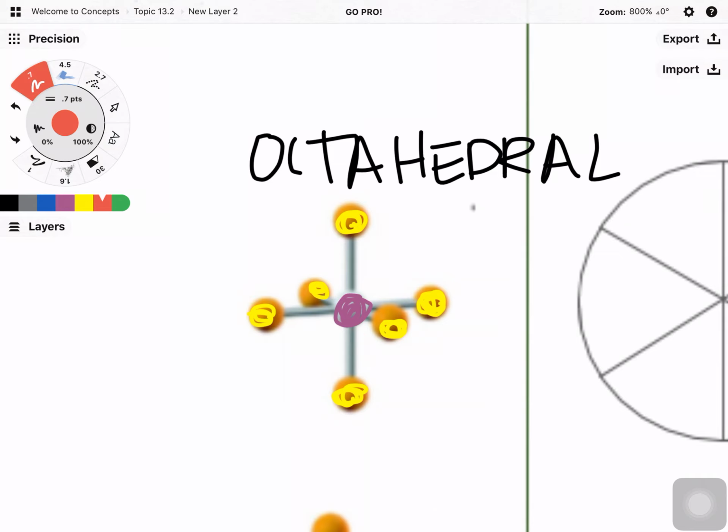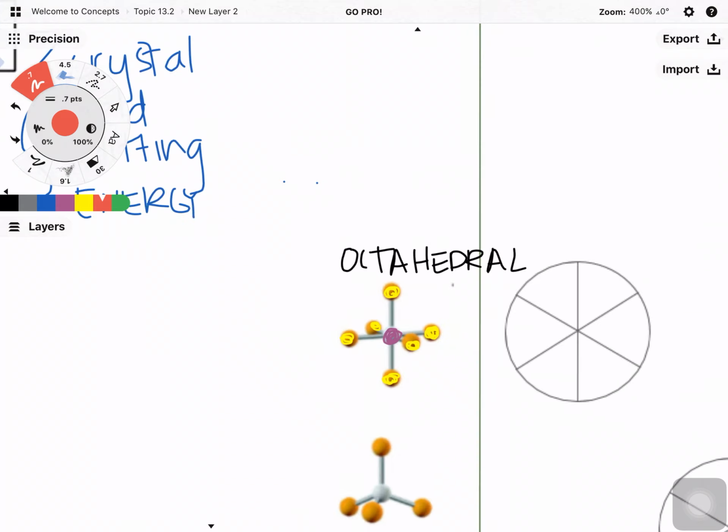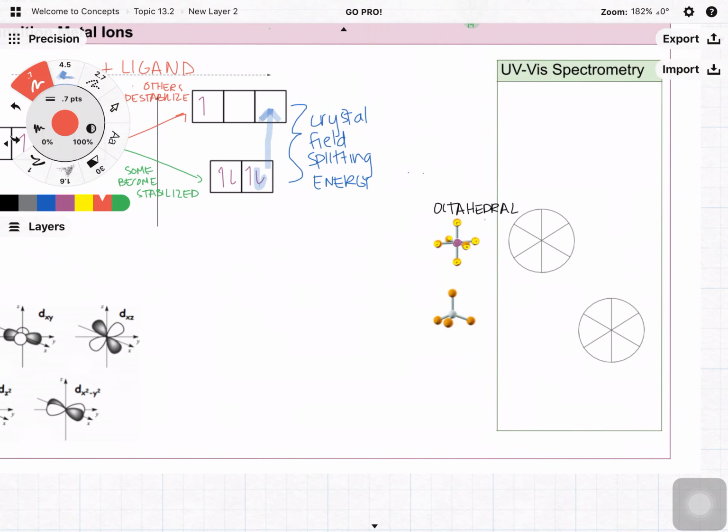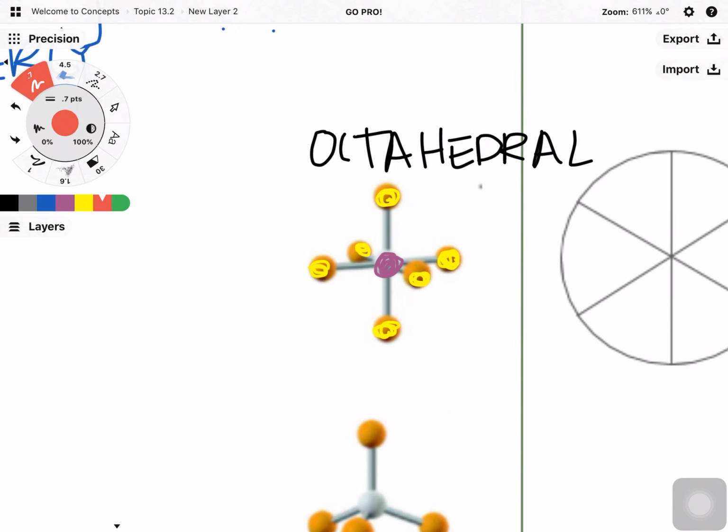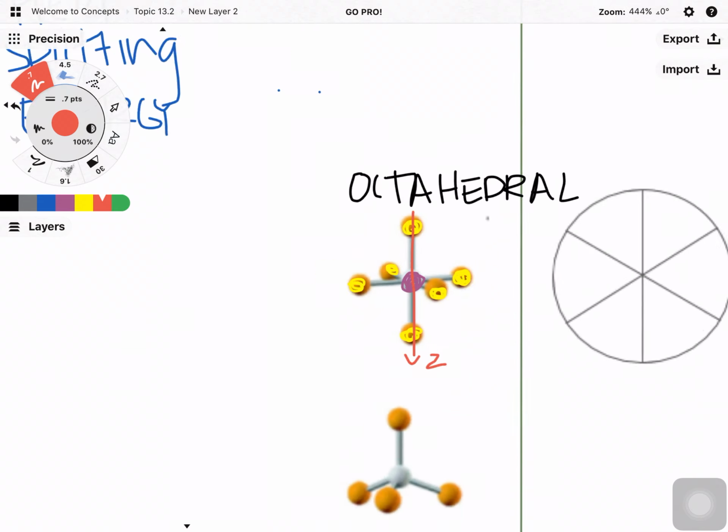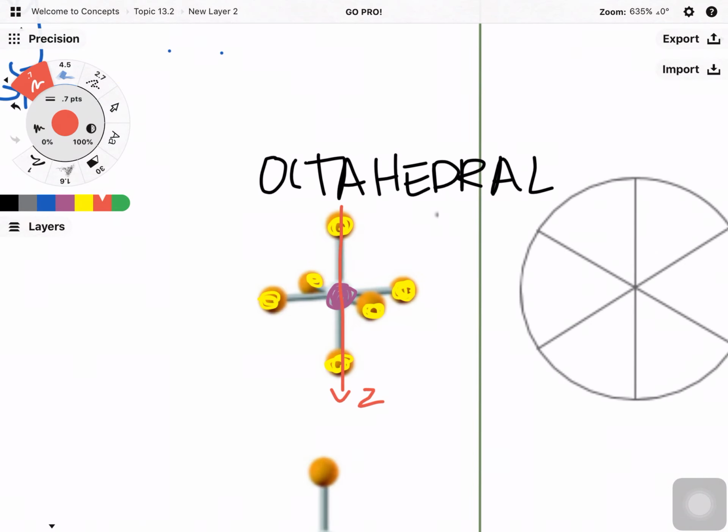If we were to draw the axes on this octahedral diagram, we would put the z-axis here, the y-axis along here, and the x-axis, if you can picture it, coming out of the page.